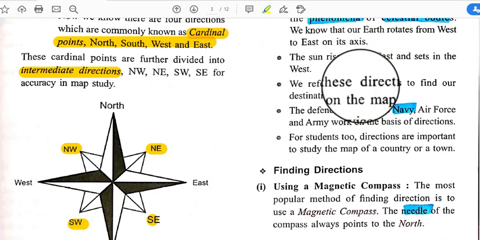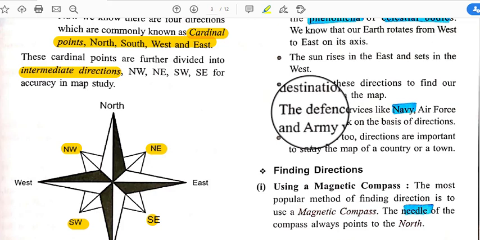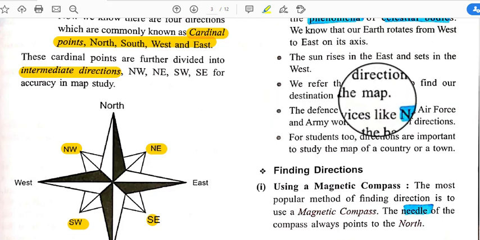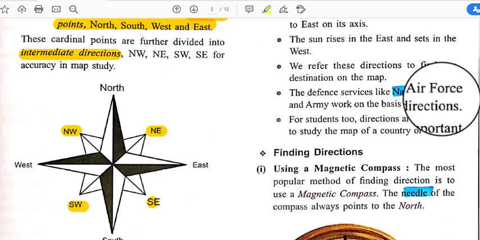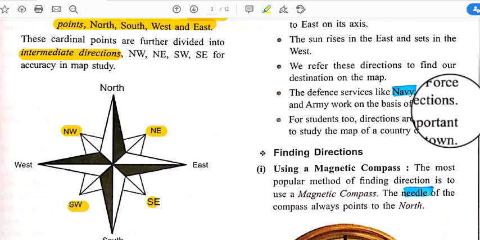Next, we refer to these directions to find our destination on the map. In which direction do we need to go to reach our destination? With the help of direction we can easily find that out. The defense services like Navy, Air Force, and Army work on the basis of direction.